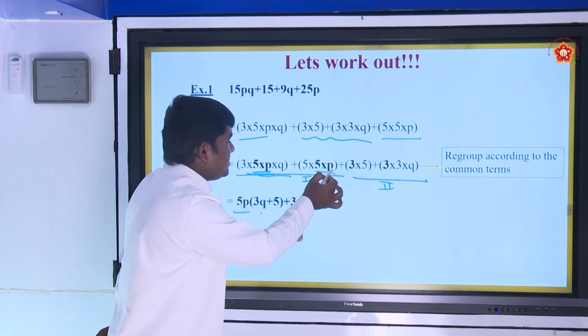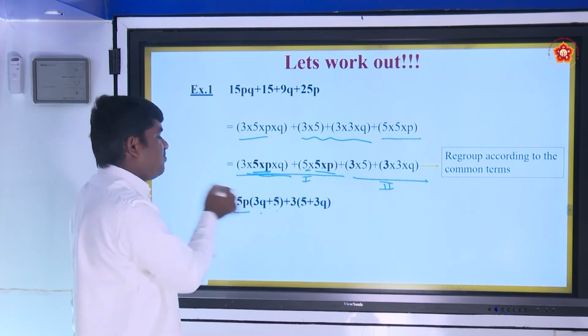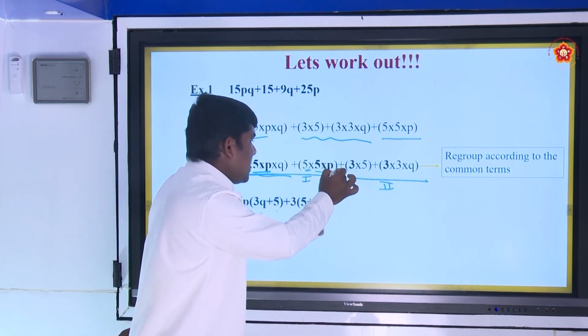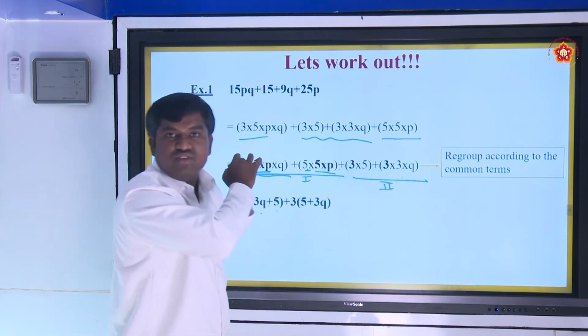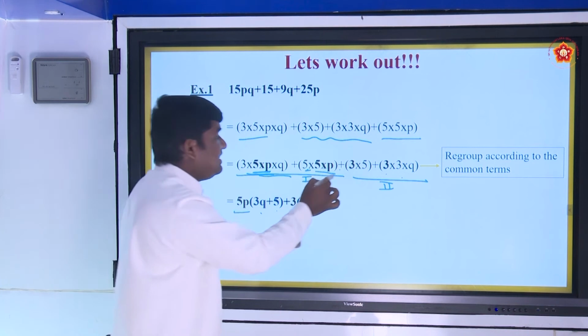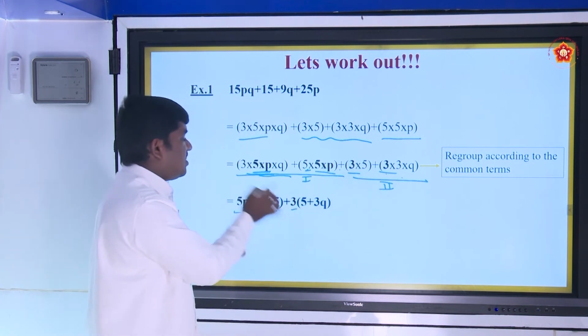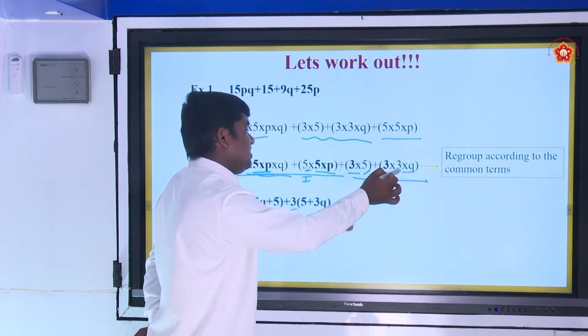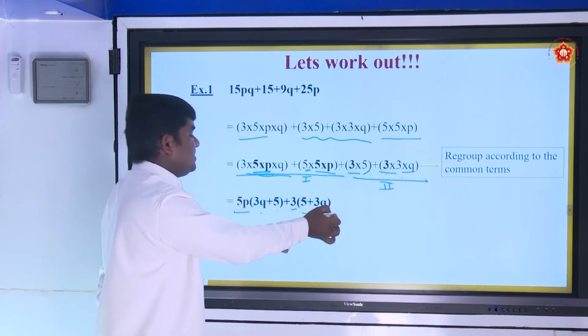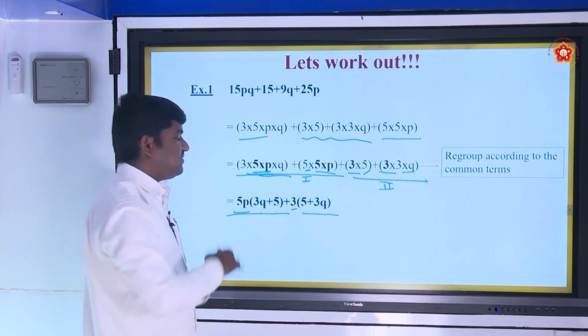Next, when 5p is taken out, what is the remaining? 5. Next, plus 3 into 5, 3 into q. What is common? 3. Yes, take out 3. Then the remaining thing is 5 plus q. 3 into q is 3q. 5 plus 3q, 3q plus 5.